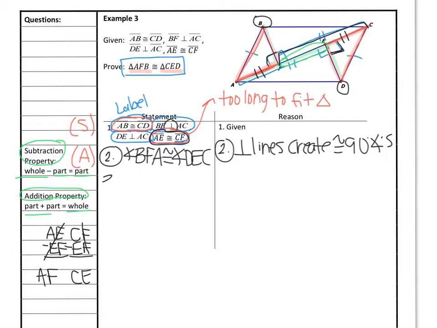Before we can do that, since we're actually subtracting off that middle piece, EF, we have to state that it's a reflexive piece, because we're using it in both parts of the triangle to help us prove that the triangles are congruent. So we have to state that EF is congruent to EF because of the reflexive property.